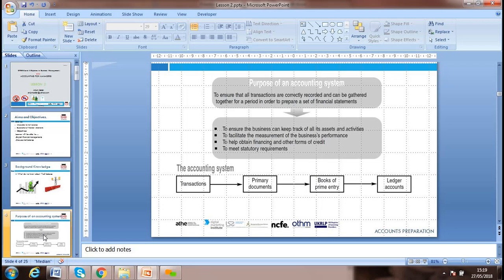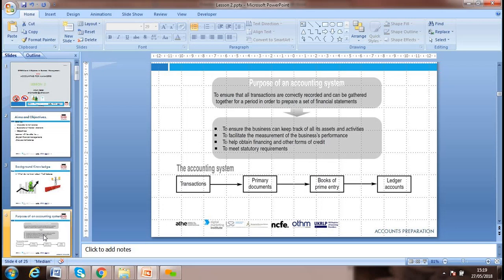We prepare 4 types of statements which I discussed in previous lessons in level 4: the profit and loss account, the balance sheet, the cash flow statement, and the shareholder or equity statement.